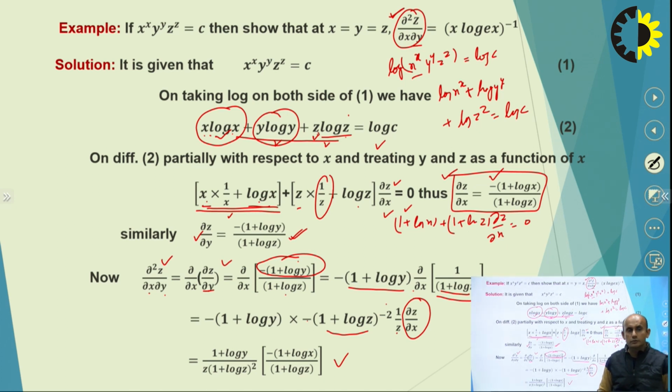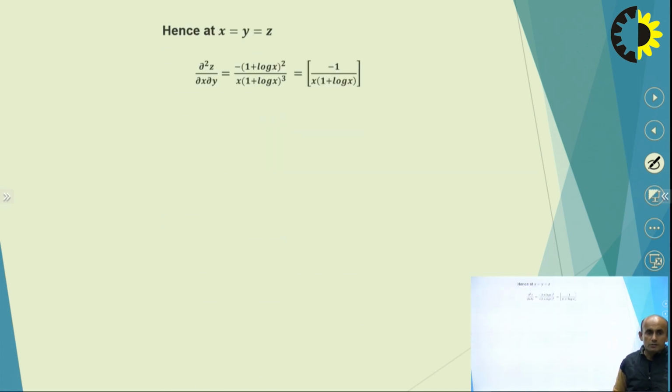Now we have to show the value of del 2z upon del x del y at x equals y equals z. Since the expression which we have to show is in terms of x, we put y equals x and z equals x, that is, we put y and z in terms of x, and we get minus 1 upon x times 1 plus logarithm of x.